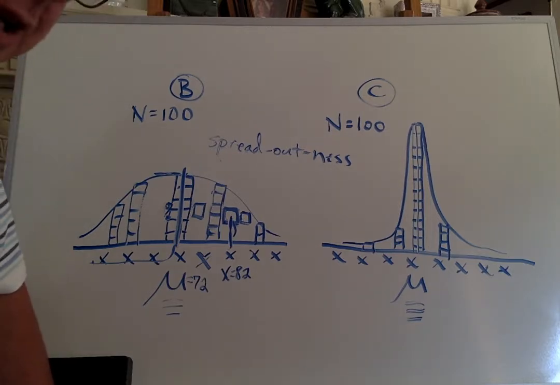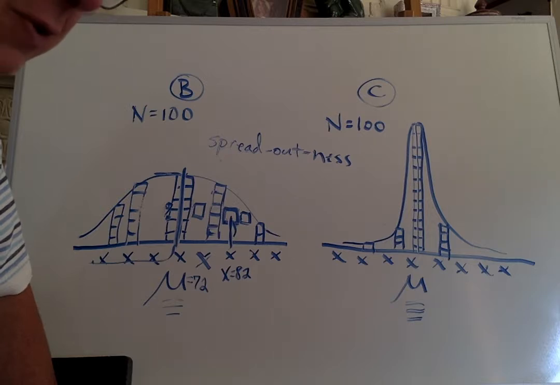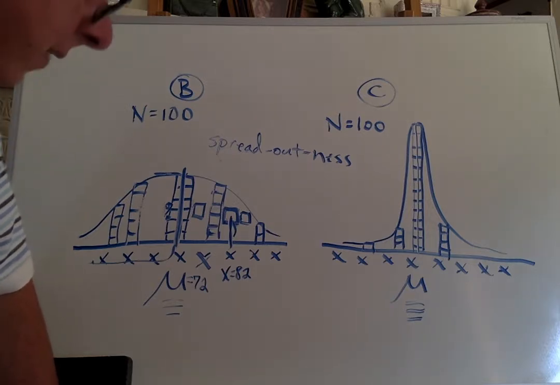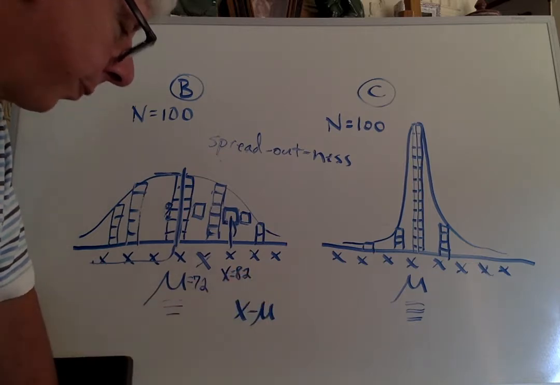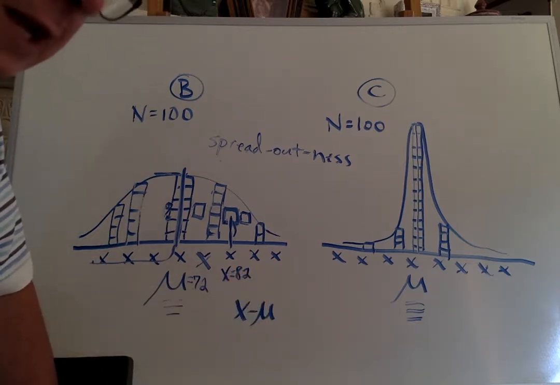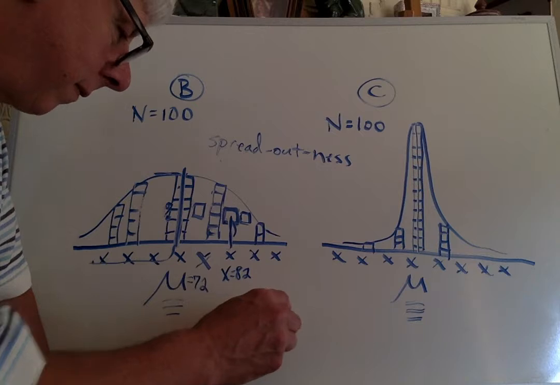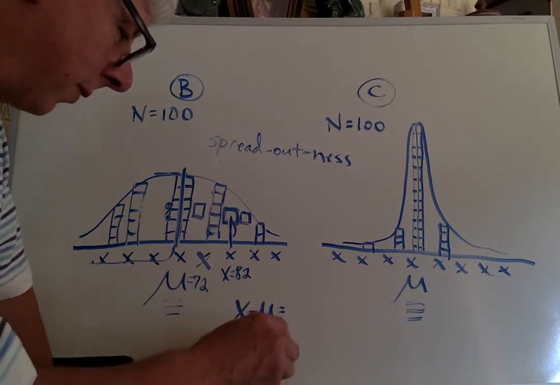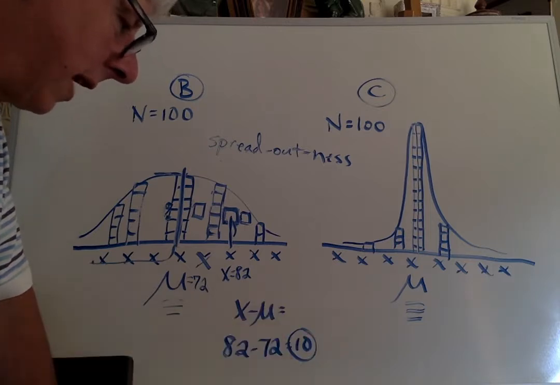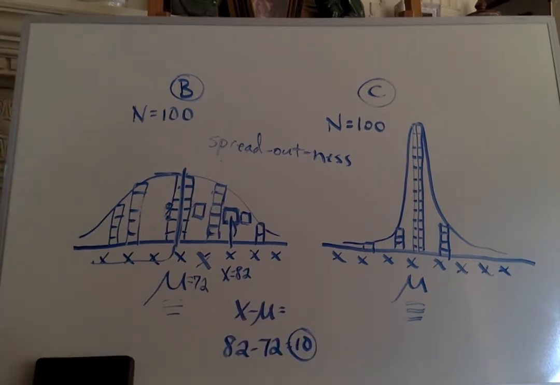Again, I hope this is not too challenging. You took the score, you subtracted the mean, and you got your answer. So you took 82, you subtracted 72. The answer that you gave me was 10.